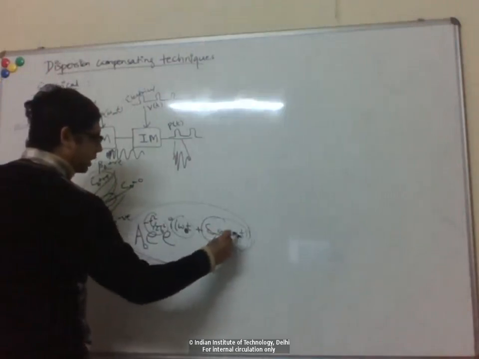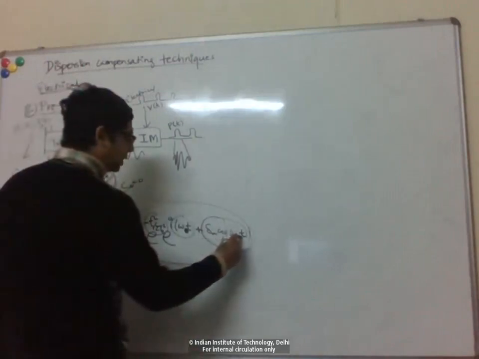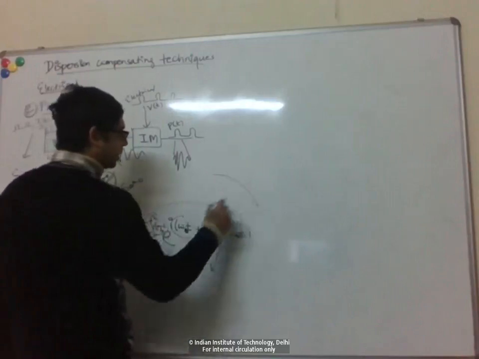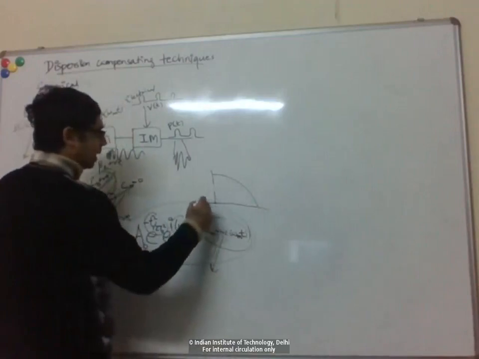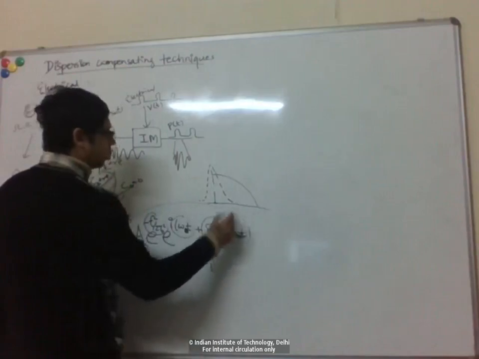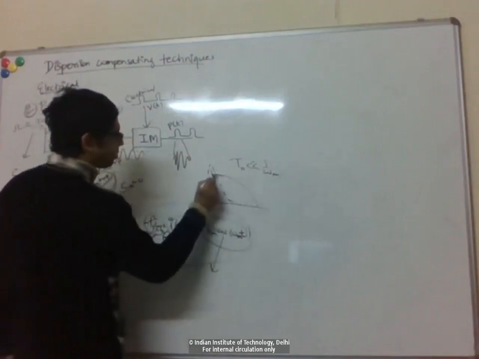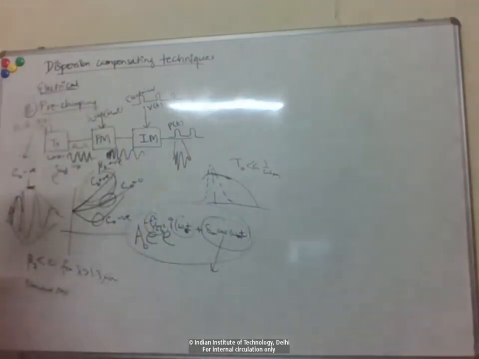So cosine omega m t for small values of t: if this frequency is low enough, cosine would vary something like this, and this is the quarter period. If my pulse width is small compared to 1 over omega m, so T naught is much smaller than 1 over omega m, then only this front portion contributes to the phase across the pulse.